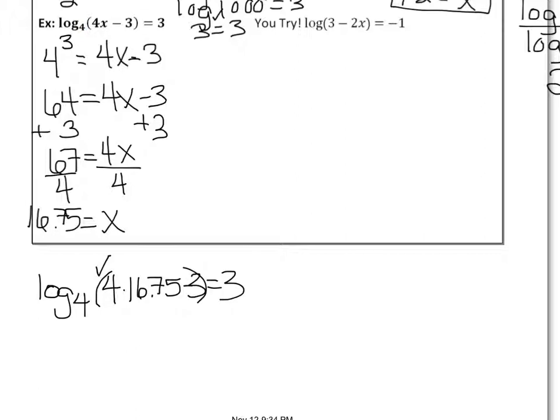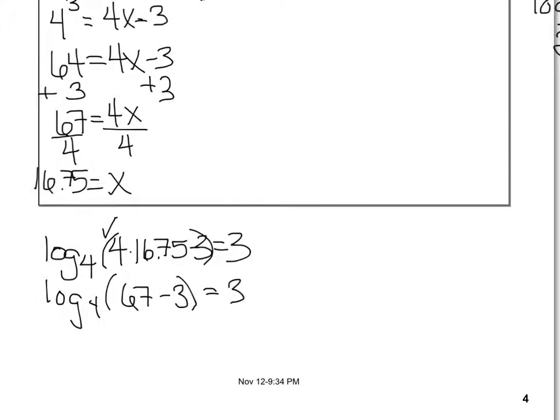So we'll start simplifying the inside. So log base 4, 4 times 16.75, that's 67, minus 3, and again we want that to equal 3 at the end. 67 minus 3, well that's 64.